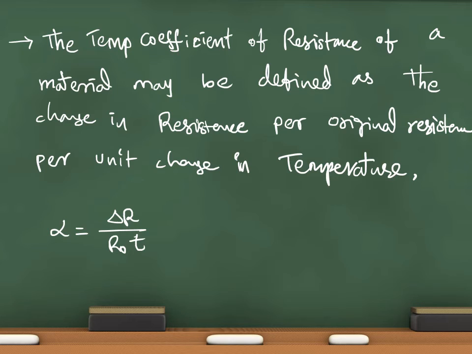What is delta R now? Change in resistance can be expressed as RT minus R naught, which we will define in the next slide, or else I think it needs a dedicated discussion.